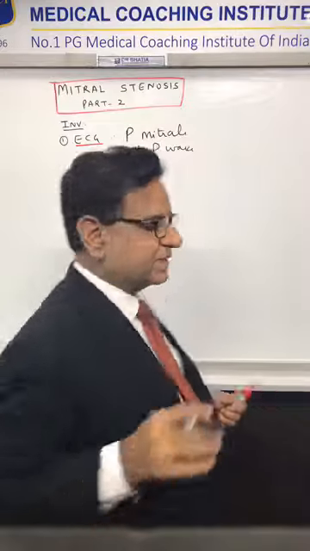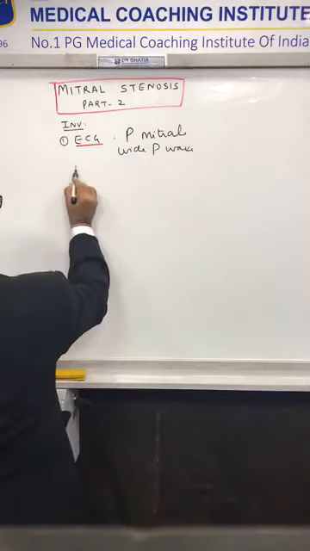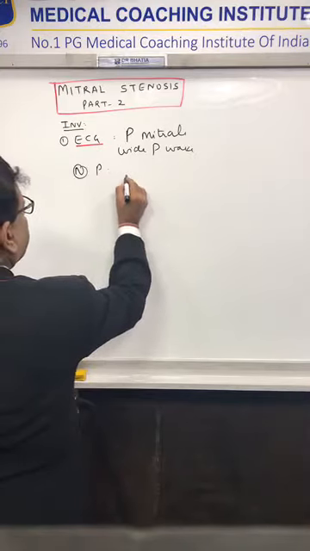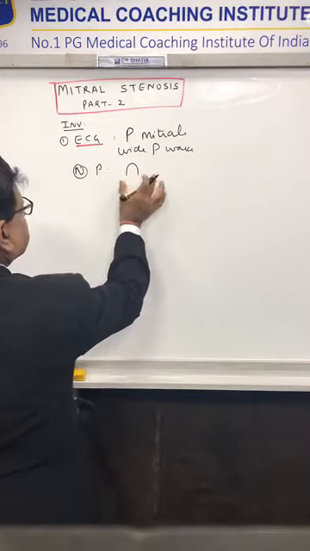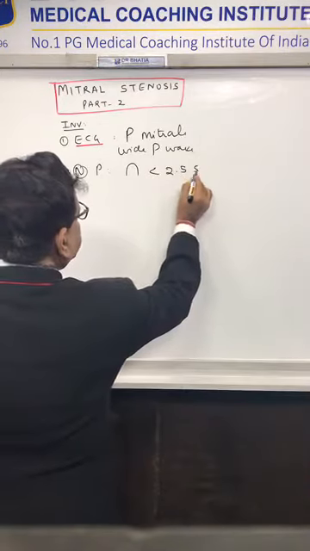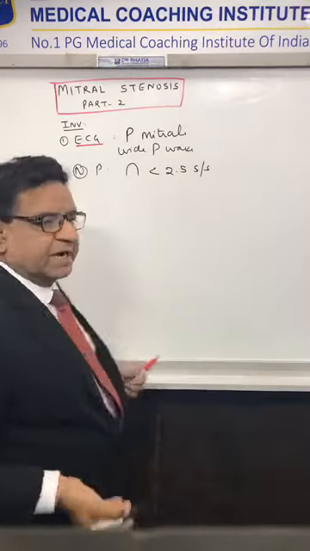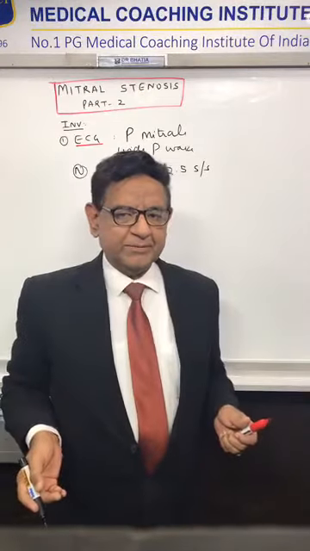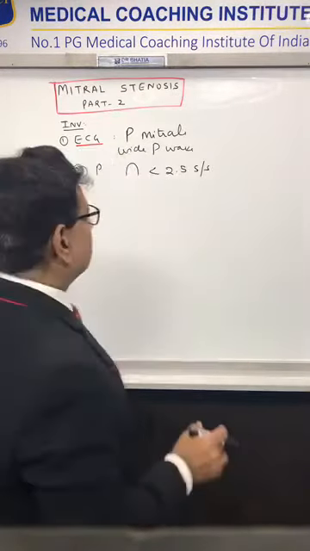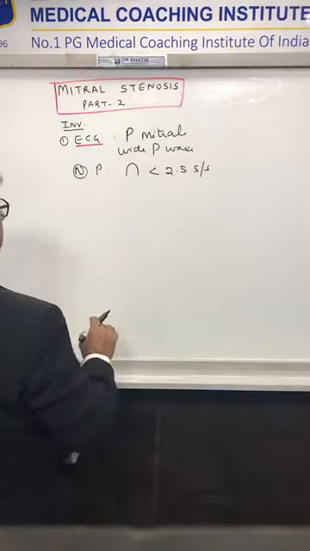Let me tell you the basic concept about the P wave. The normal P wave height and width are both less than 2.5 small squares in ECG. I hope you know about the ECG paper. So in the ECG paper, when you look at a P wave, height and width are both less than 2.5 small squares.